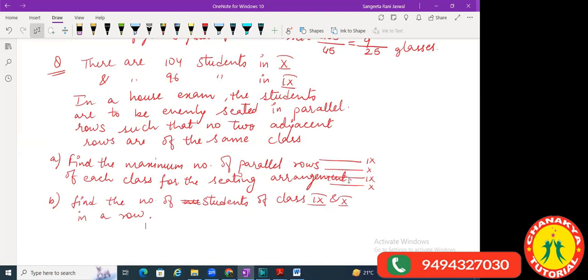So how will you find the maximum number of parallel rows first? There is no row which is half filled. There are exact number of rows.